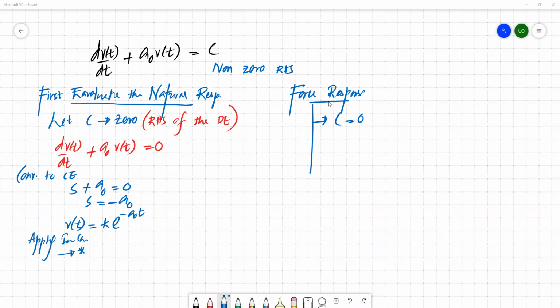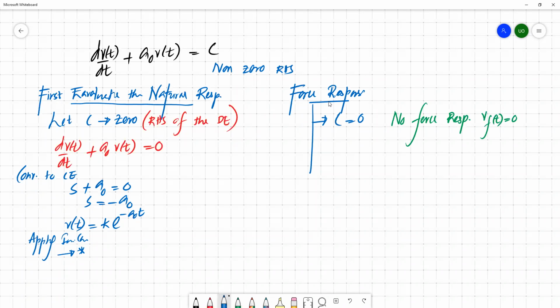One is C equals 0. For C equals 0, we know there is no forced response, because C equals 0 means no external sources, no such impact on the circuit. So the forced response v_F(t) is 0.